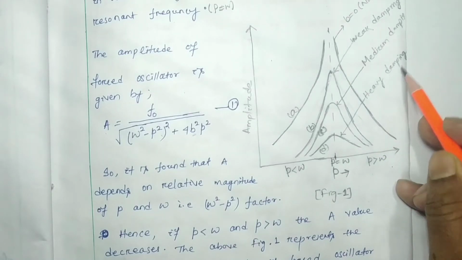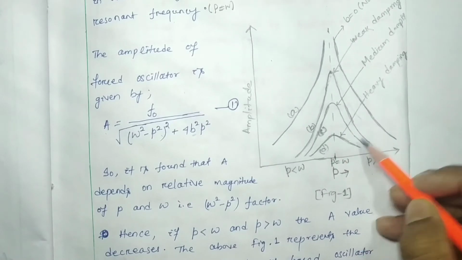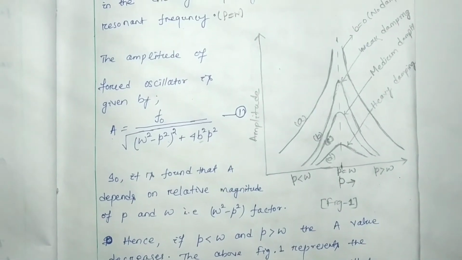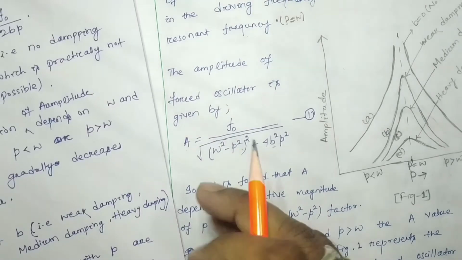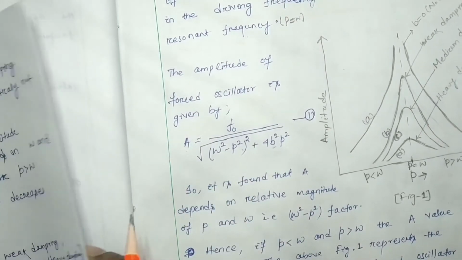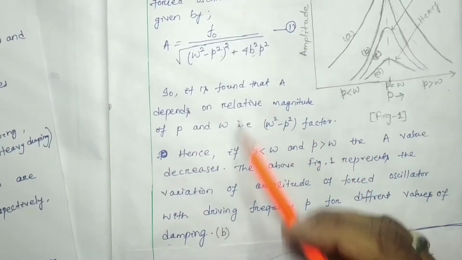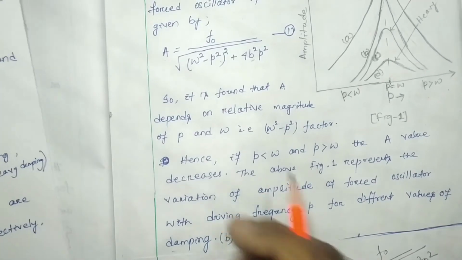In case of heavy damping, the rate of decrease of amplitude is slower as compared with weak damping. These two points we have observed. The same thing I discussed, I have written. Just write it in your note. Up to this much, pause the video and write the note.